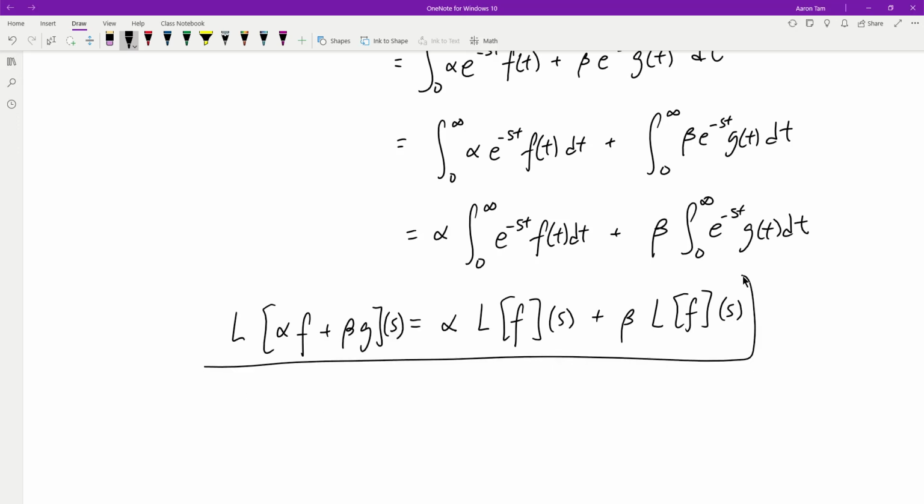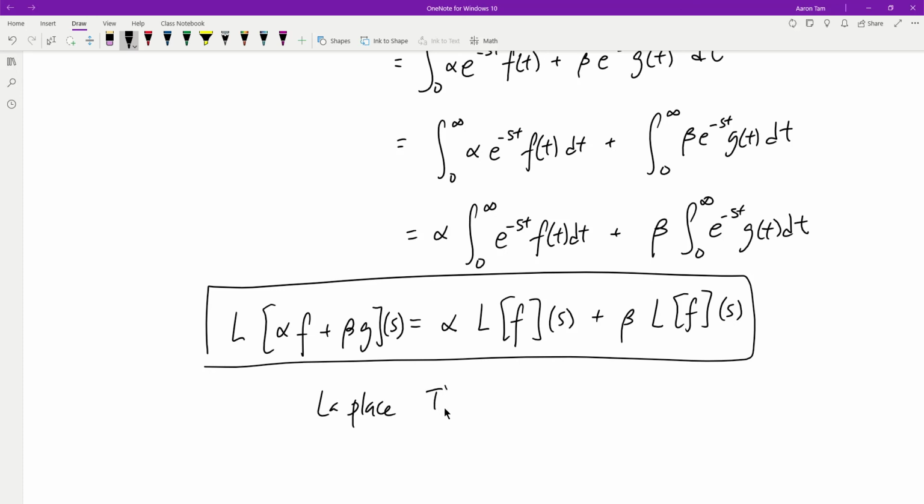And therefore, using this proof, we can show that the Laplace transform is actually a linear operator that changes a function into another function. Remember, we use the term operator to usually refer to something that works on functions, not on numbers.